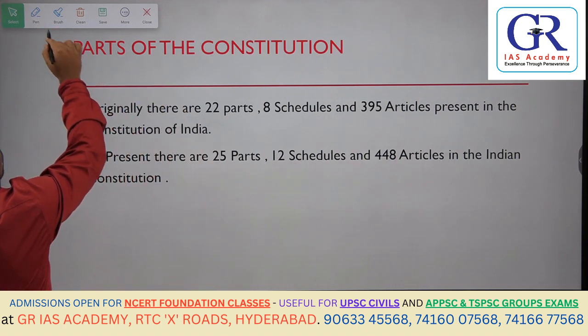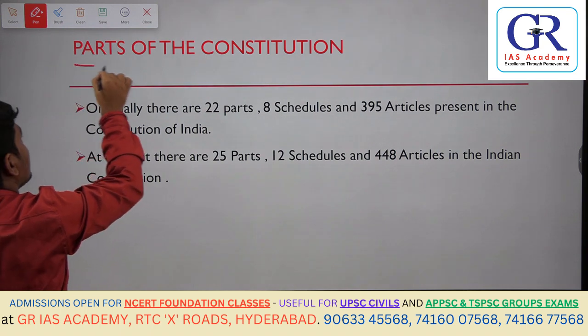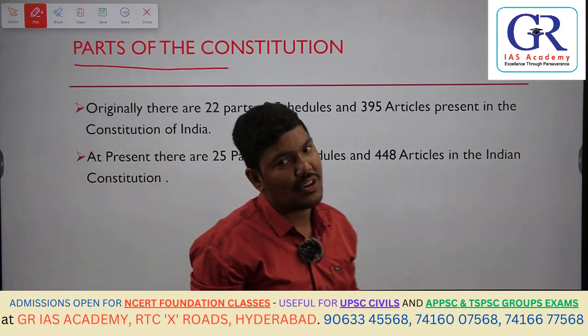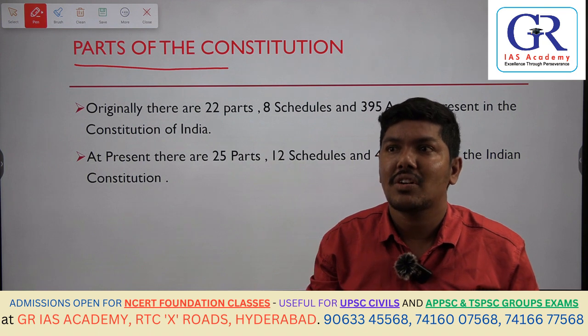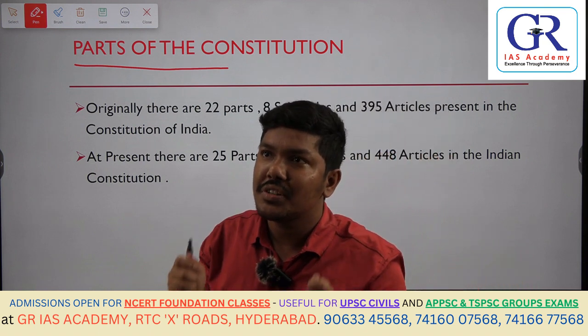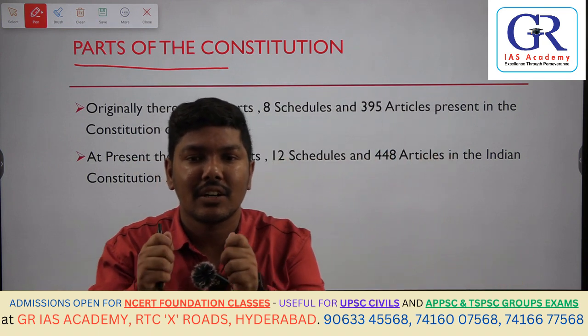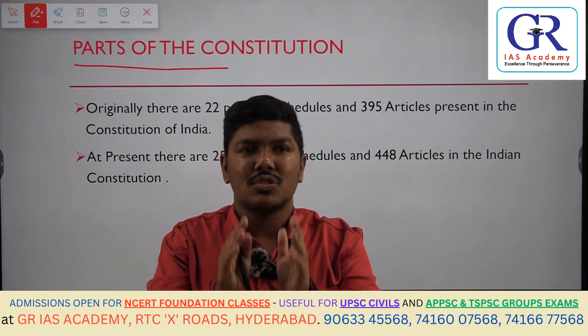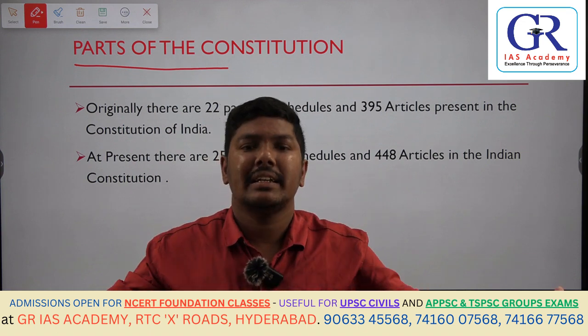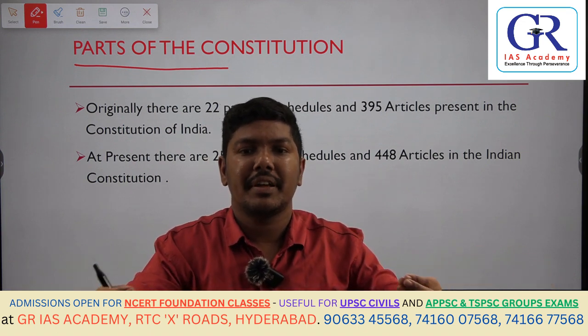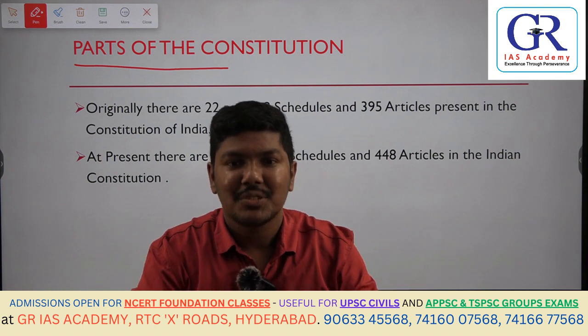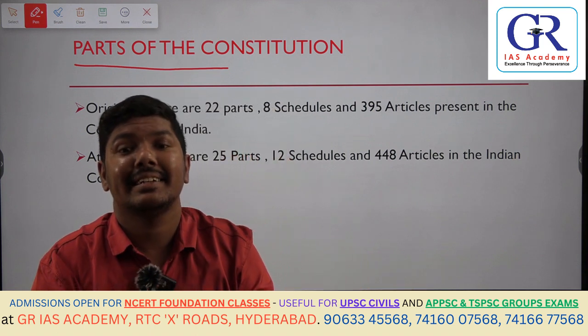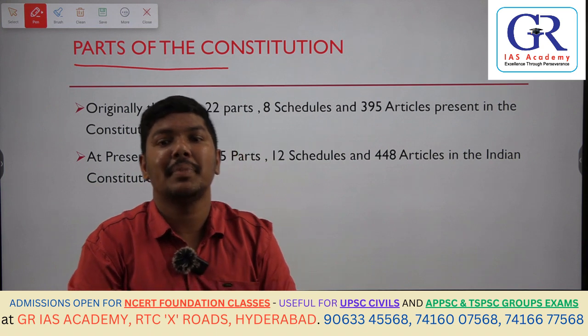Now, this was the next important topic that we will be discussing, called the parts of the Constitution. We already know that the Constitution is supreme and it is the lengthiest written Constitution in the world. Because of its bulkiness, the constitutional framers thought to simplify it so that people can easily understand it. Without understanding we cannot implement it, right?